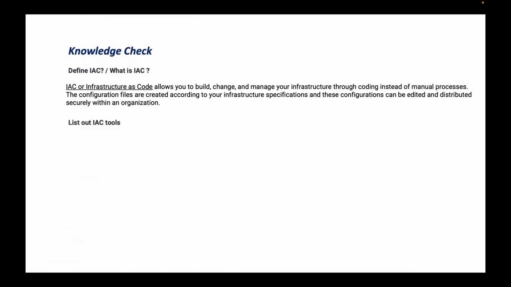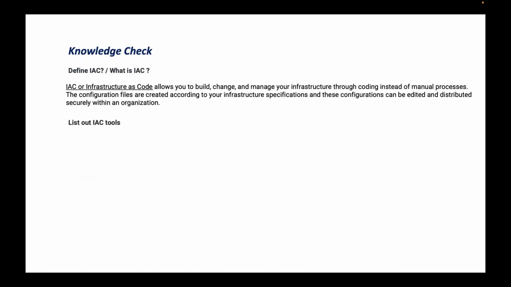Okay, let's have a small knowledge check. Can anyone tell me what IAC is? Infrastructure as code. That means we can make changes or create the infrastructure using code. Can you tell me a list of IAC tools?